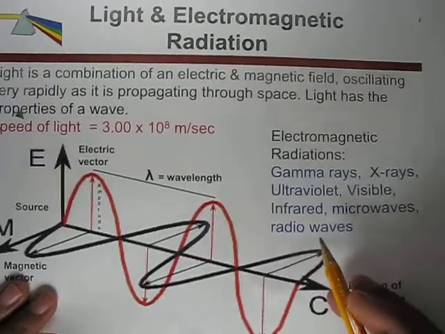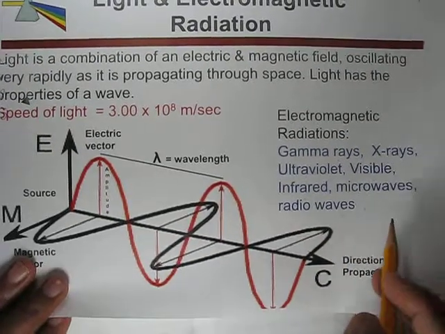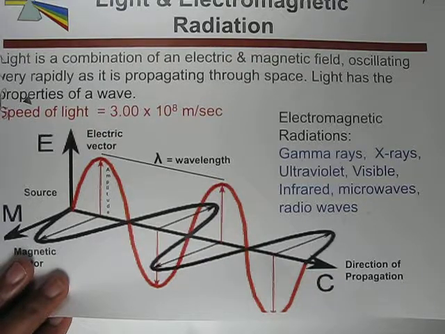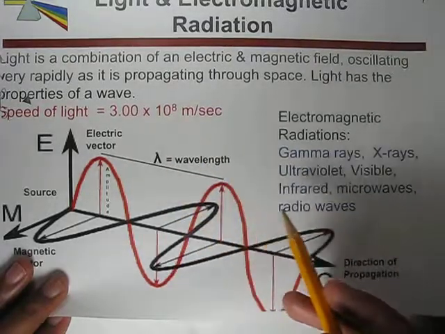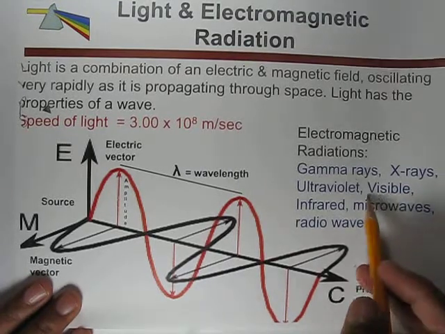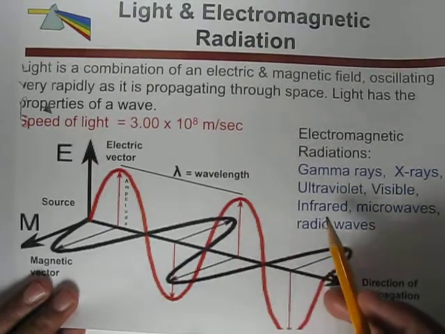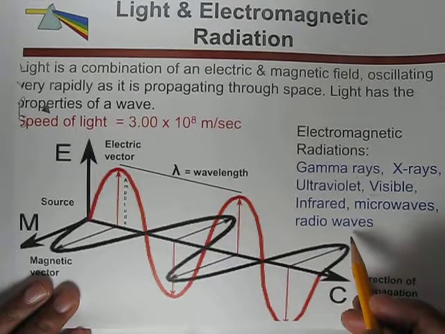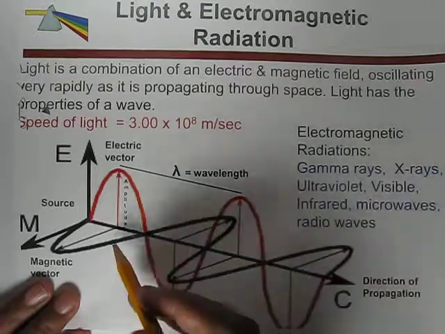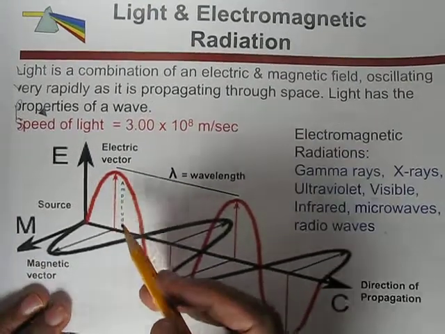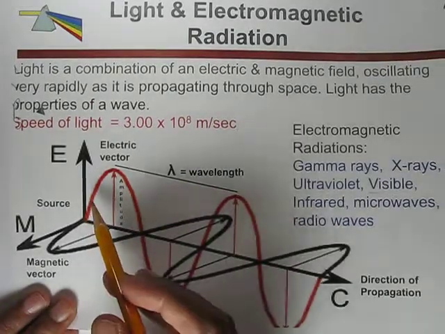So all these waves we see and use daily in our life, like the light bulb, sunlight, because sunlight has UV light and visible light both, and many other wavelengths of light, and microwave. They all behave like electromagnetic waves.